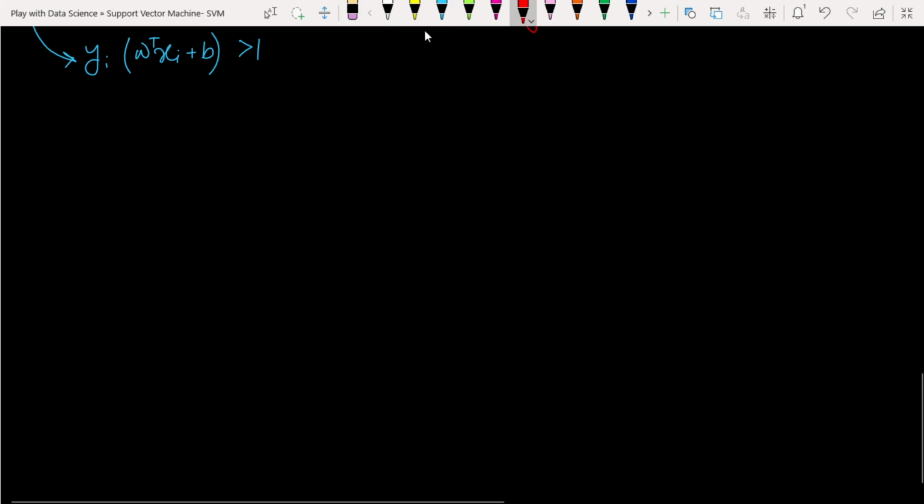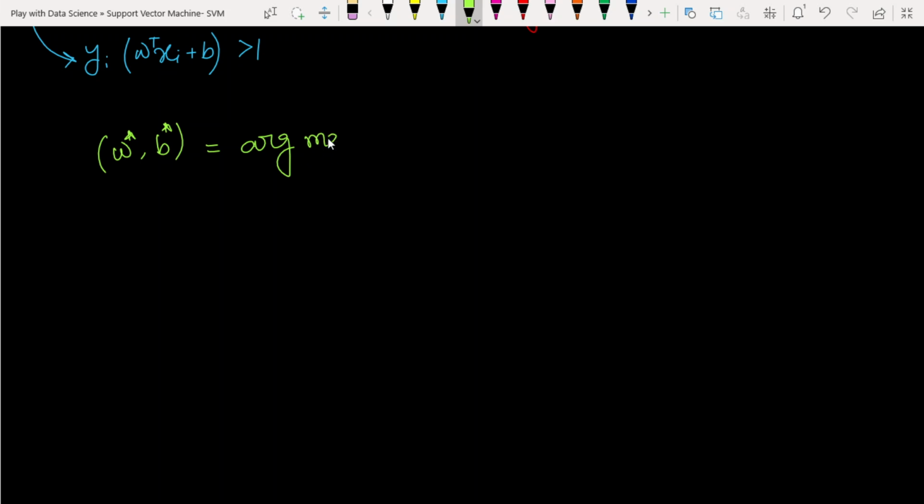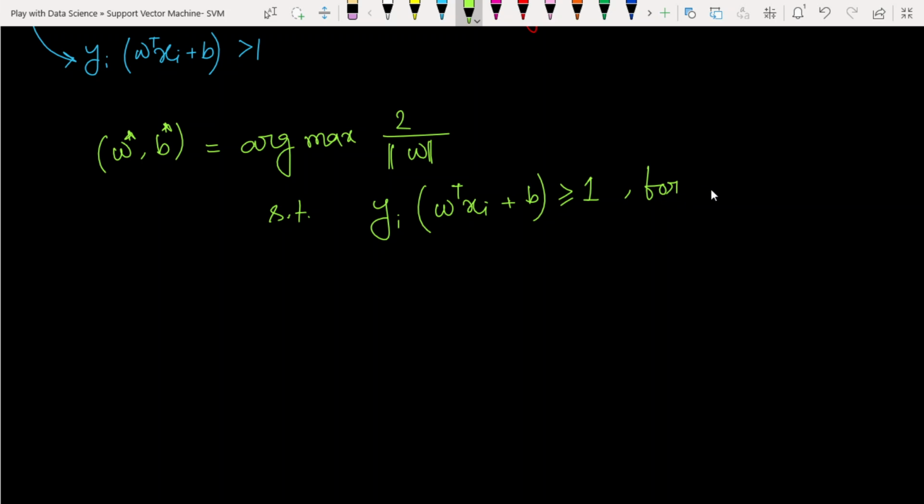So our equations now will be: w star, our main mathematical constraint equations, the optimal constraint equations. We are interested in calculating the arg max of 1 by norm of w, such that we have yi (w transpose xi plus b) equals 1. This will hold for all xi.